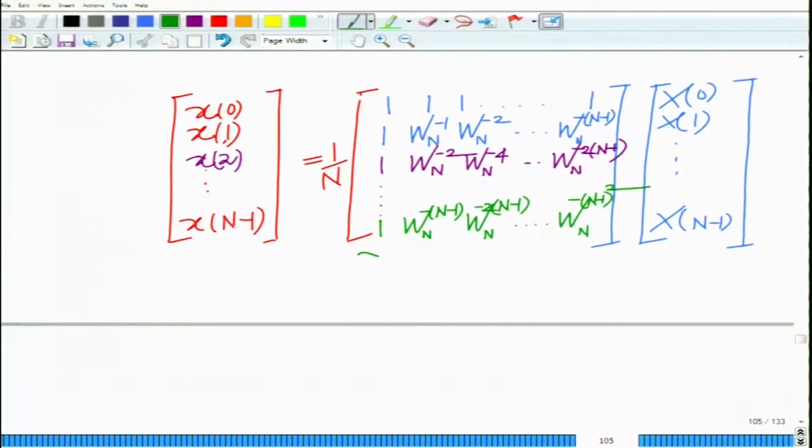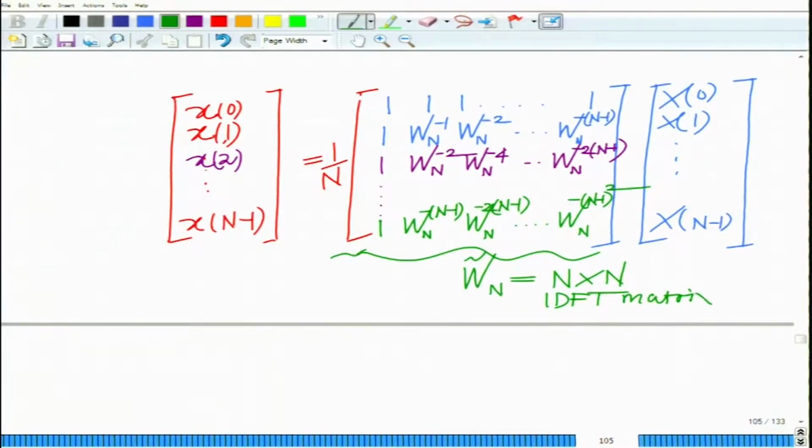And if you look at this, including the scaling factor 1 over N, this is W N tilde. This is your N cross N IDFT matrix, and this is your N cross 1 DFT coefficient vector X bar.